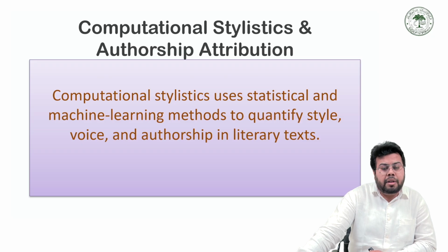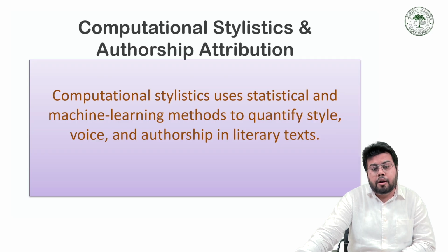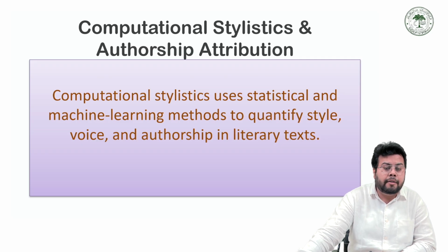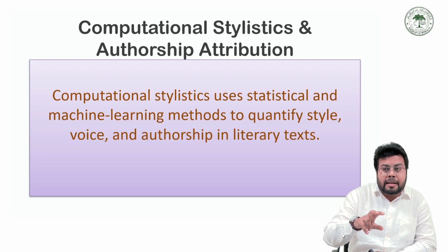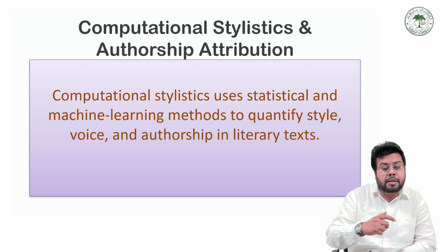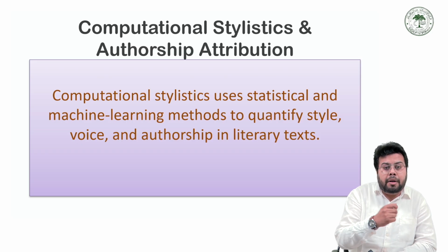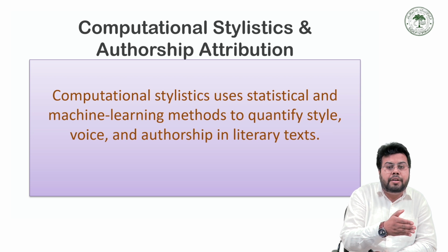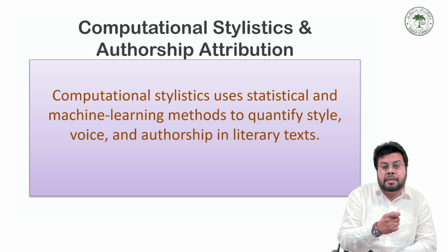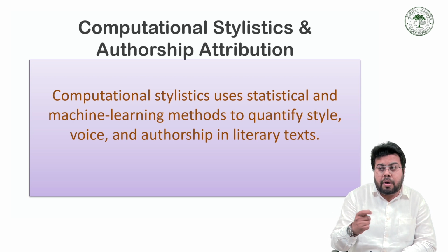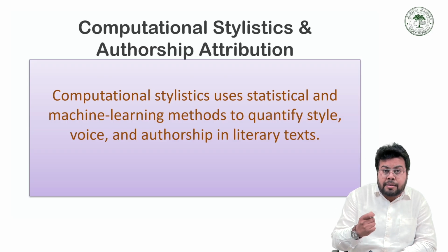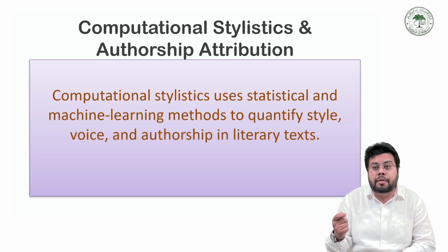Now, the relationship between these two. Authorship attribution is one of the most important applications of computational stylistics. The former answers who wrote this, while the latter studies how this is written, what makes the author's style unique. Now, if we look at the domain of linguistics, for example, how stylistics is different from literary criticism: literary criticism talks about what is written there, but stylistics talks about how it is written.